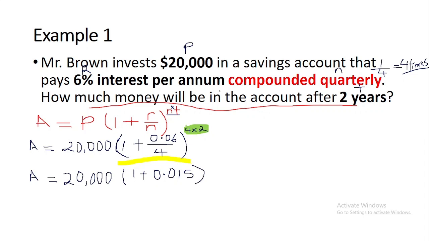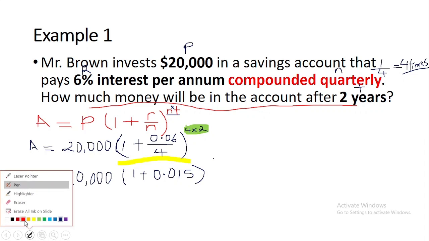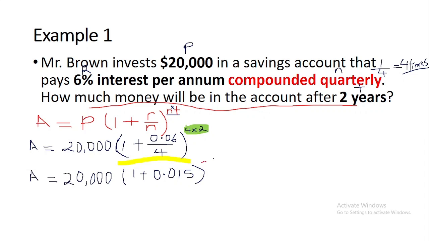To find what we're going to raise that to, 2 times 4 is 8, so when we find the amount in the bracket, we raise it to the power of 8, because N times T results in 8 in this case.